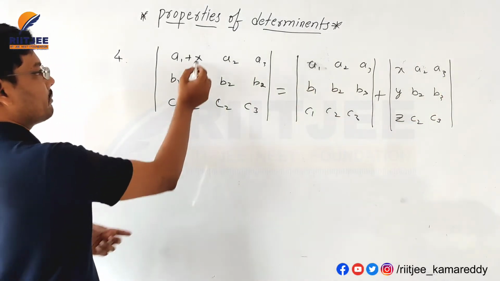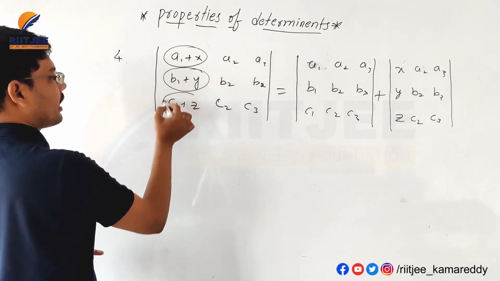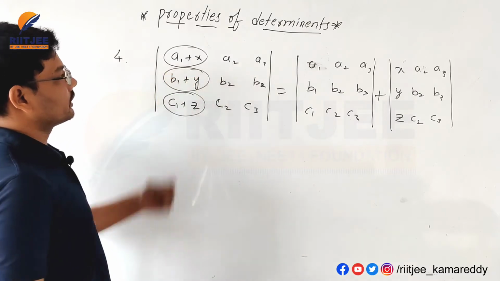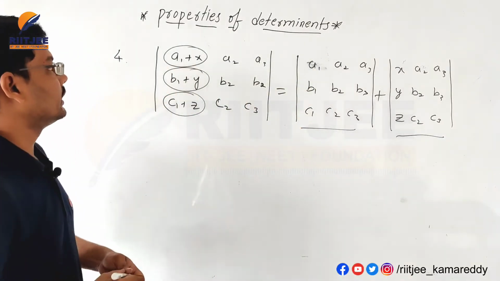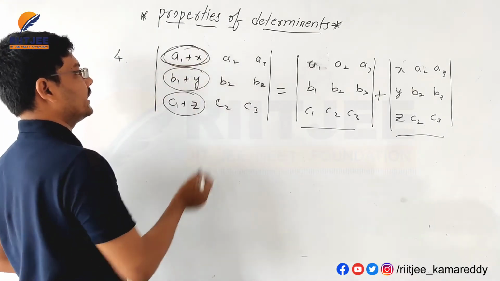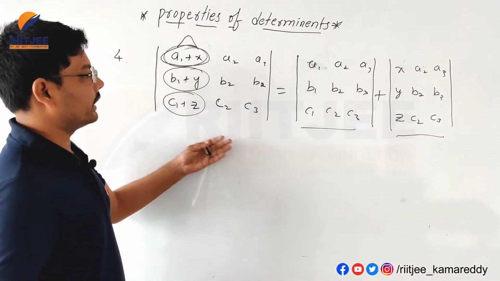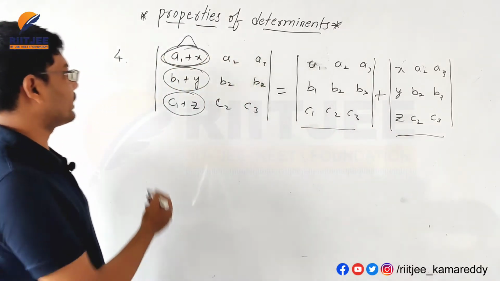Here the sum of two elements in a column gives the sum of two determinants. Listen carefully. In a square matrix, a column containing the sum of two numbers gives the sum of two determinants. This is called property number 4.